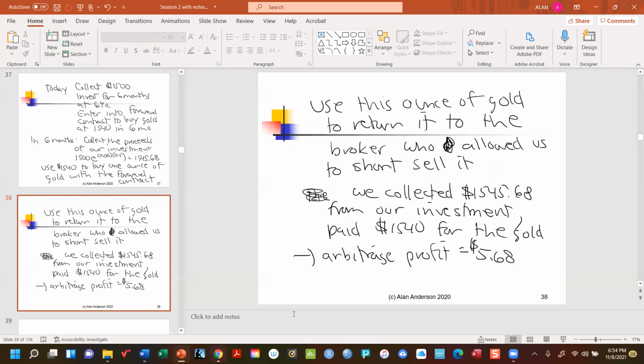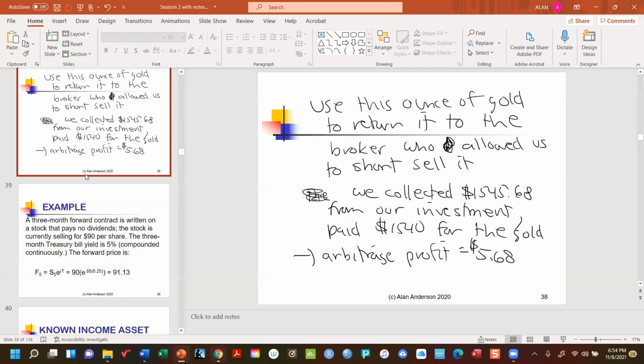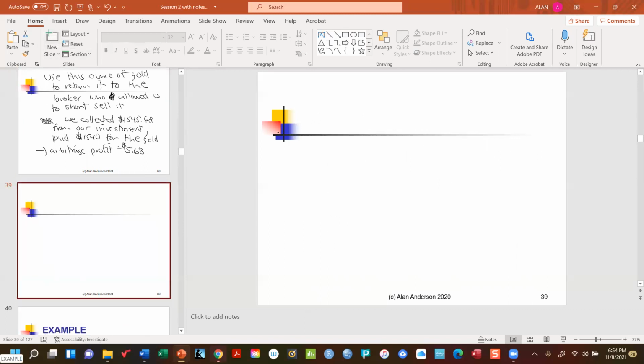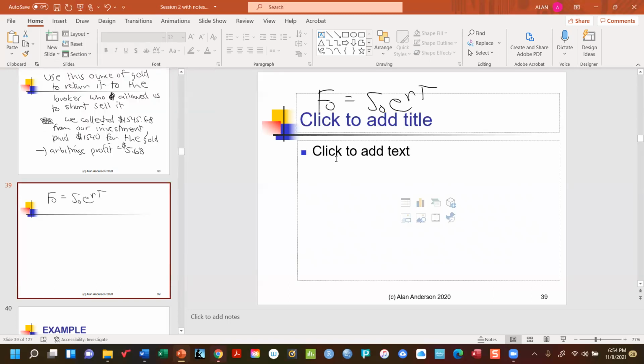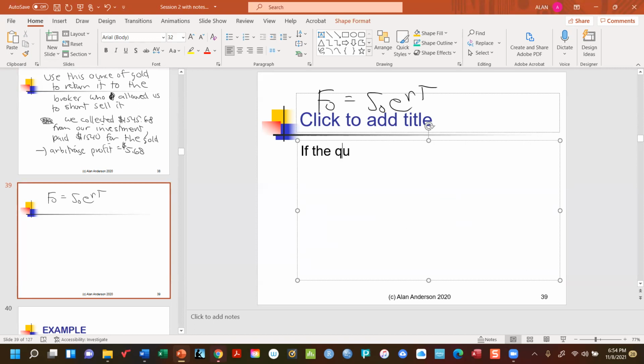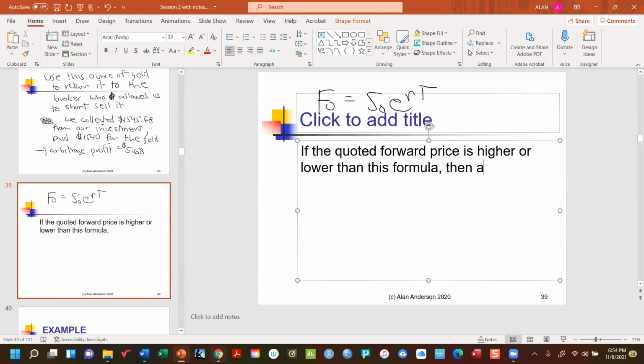So what is all of this telling us? All right, you don't have to know all the gruesome details, but what this is saying is that using this formula, if the quoted forward price is higher or lower than this formula, then an arbitrage profit can be earned.